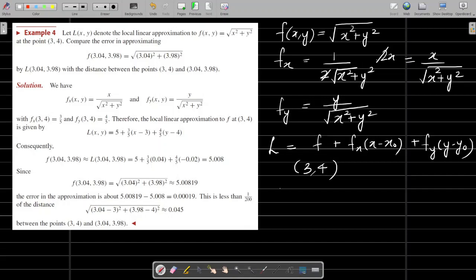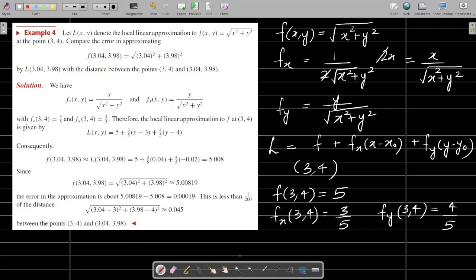So what is f(3, 4)? F(3, 4) is the square root of 3 squared plus 4 squared, which is 5. What is fx(3, 4)? It is x by the square root of x squared plus y squared, that is 3 by 5. What is fy(3, 4)? It is 4 by the square root of 3 squared plus 4 squared, that is 4 by 5.